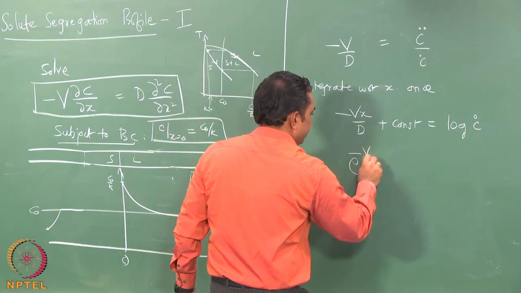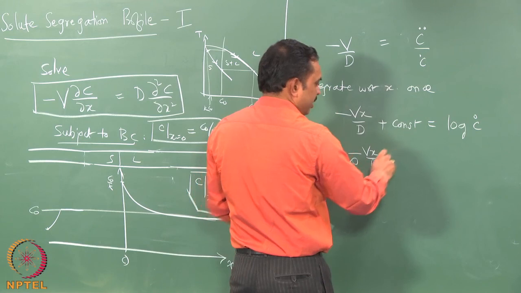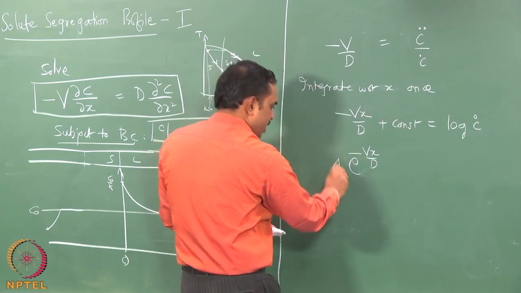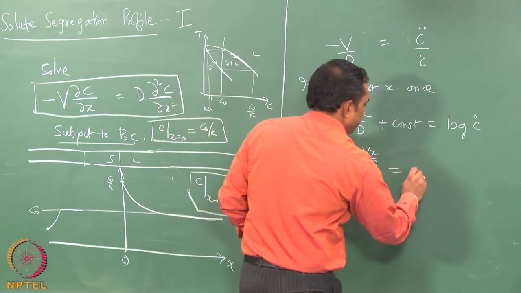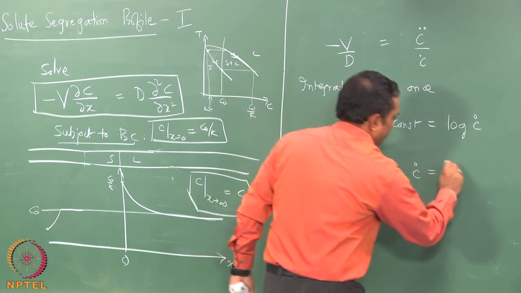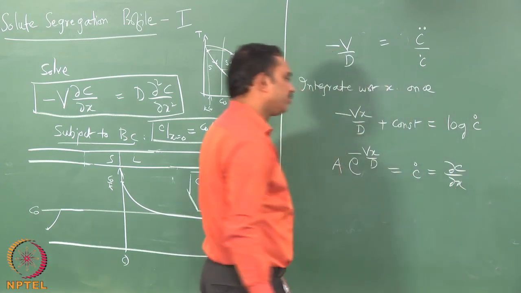So, e raised to the power of minus Vx by d, and the plus constant will then become a multiplication, is equal to c dot, which is nothing but dou c by dou x. Okay.